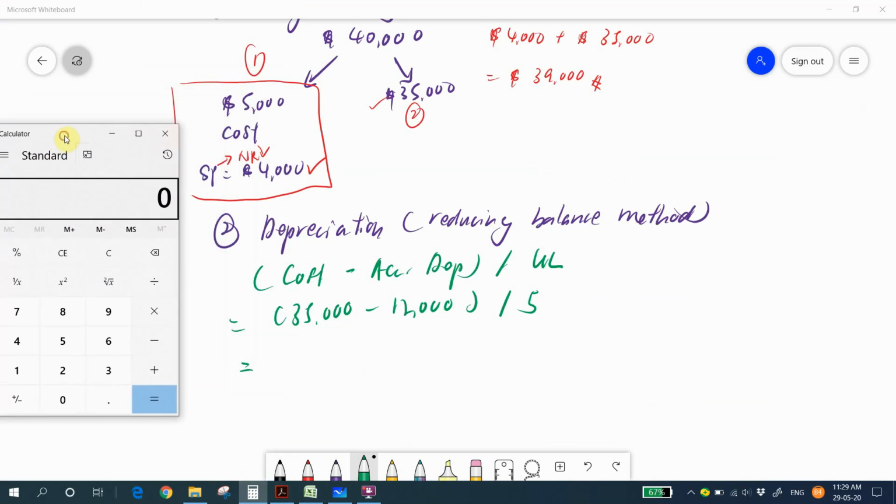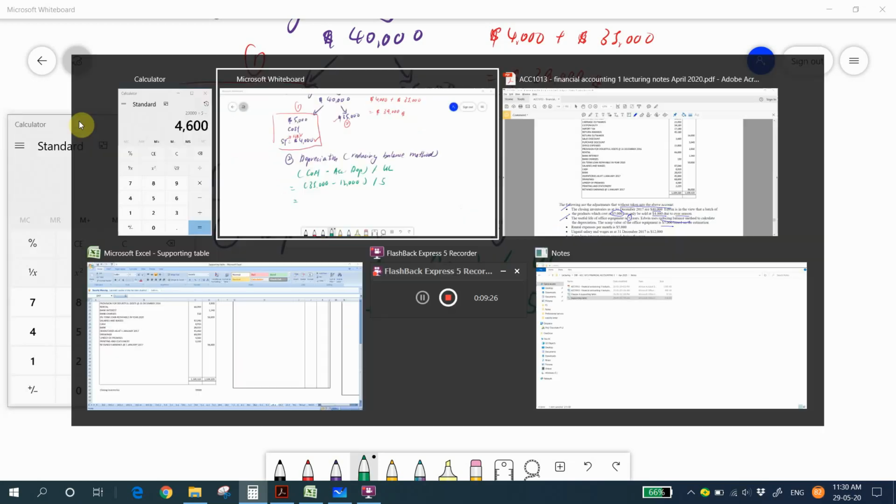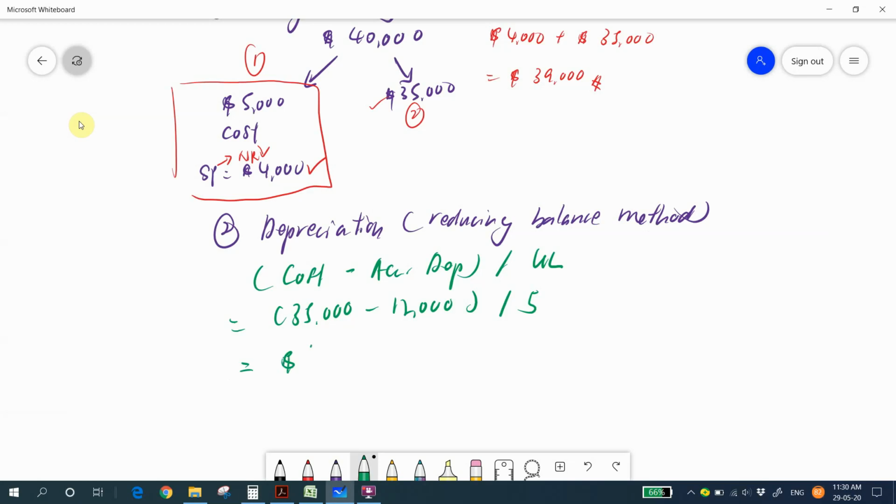So let's see the calculator. 35,000 minus 12,000 and then divided by 5. 4,600. So this will be the depreciation for the office equipment.